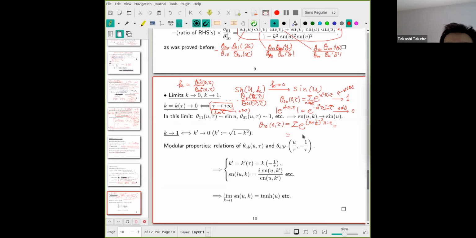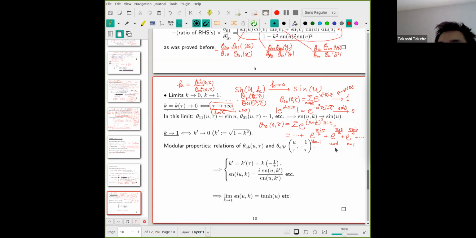And this is something like this. So when n is 0 here, n is minus 1 here, n is 1 like this, and so on.